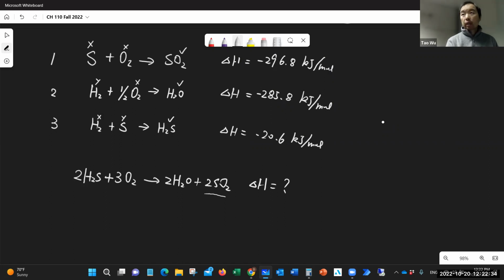So what are we going to do? Definitely we're going to multiply this equation by 2, so we can have 2 SO2 on the right side. So this equation becomes 2S plus 2 oxygen to form 2 SO2. And then the enthalpy will also be doubled.